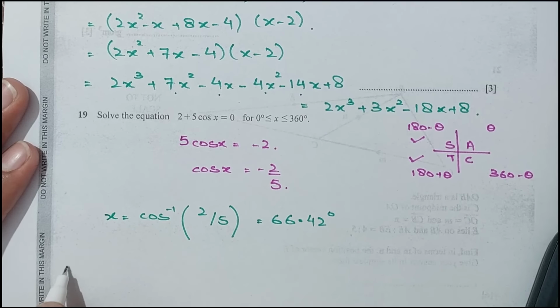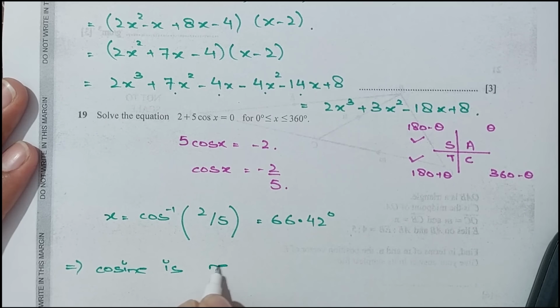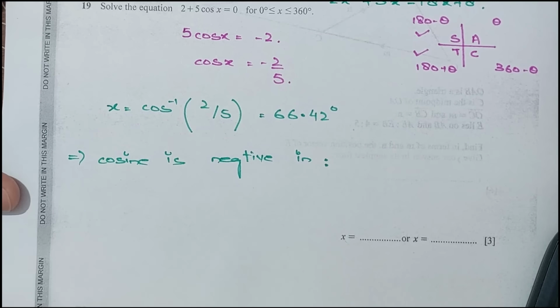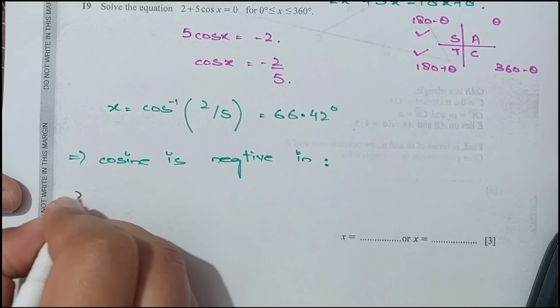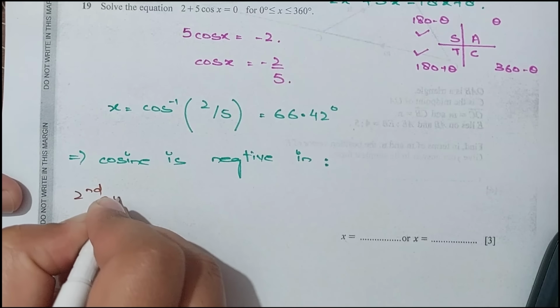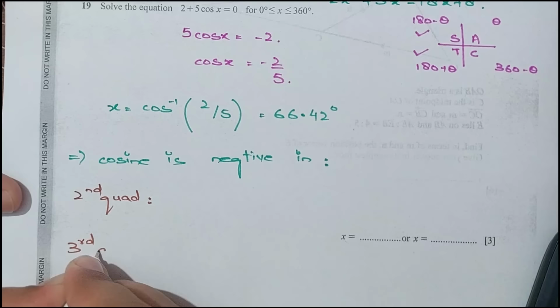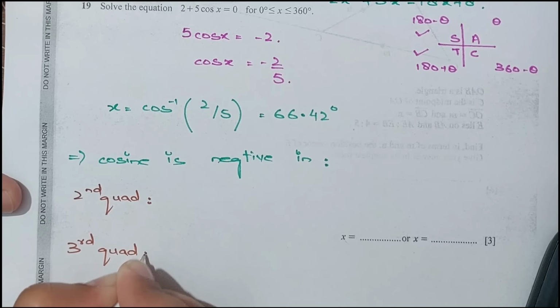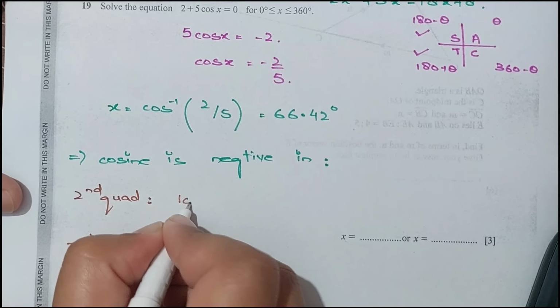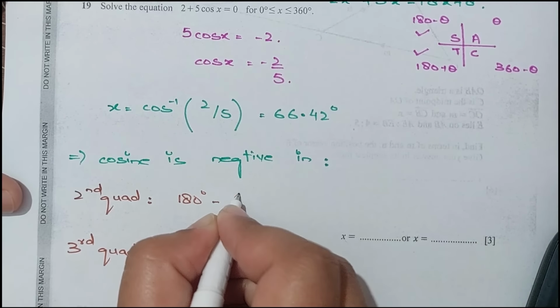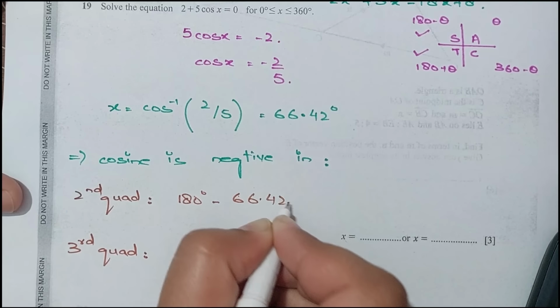This is 66.42 degrees. Now, cosine is negative in second and third quadrant, right? Now, let me solve for the second quadrant. And then we have to solve for the third quadrant. For second quadrant, we do 180 degrees minus this 66.42 degrees.